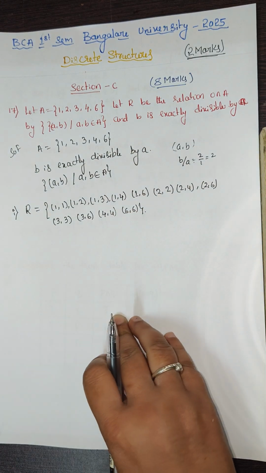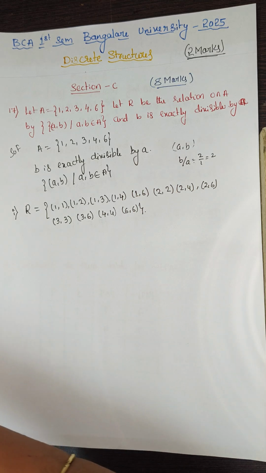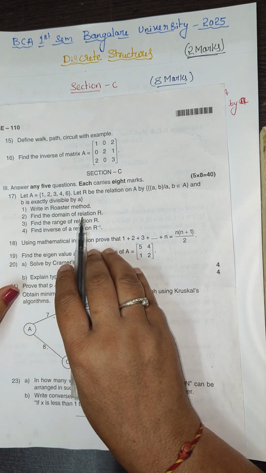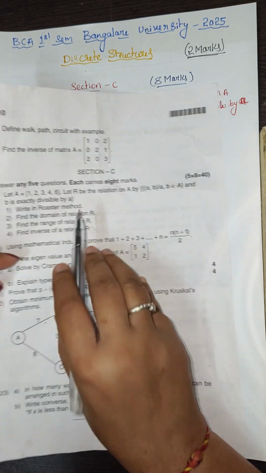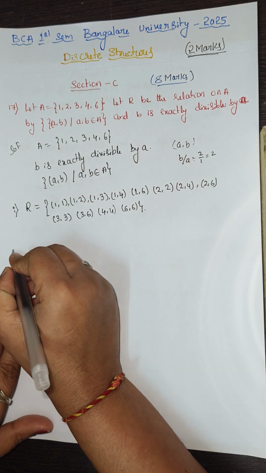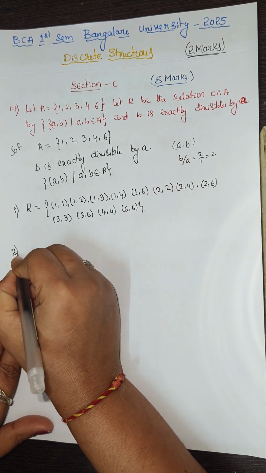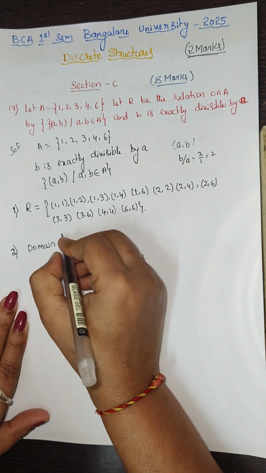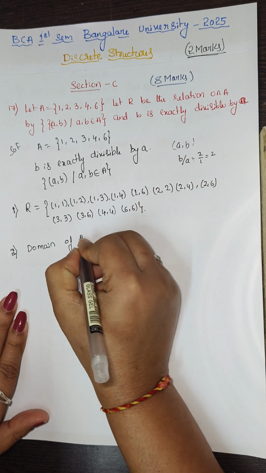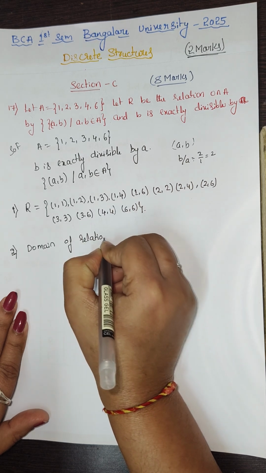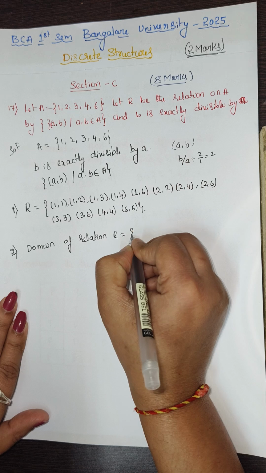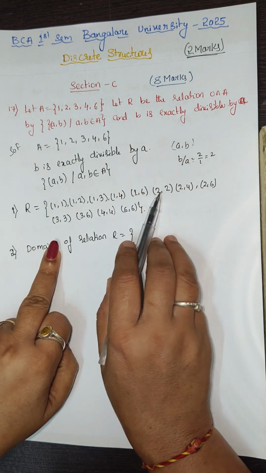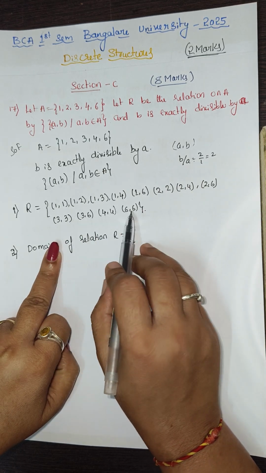The first part was to write the relation R in roster form. Next, find the domain of the relation R. What is the domain here? The domain of relation R: the numbers you have taken first, the a values, are called the domain. 1 we have taken, and 2 also, 3 also, 4 also, 6 also.